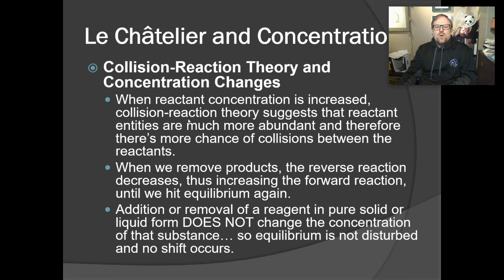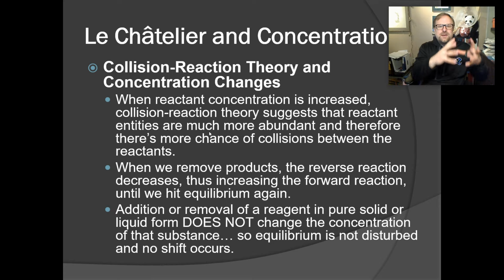Okay, so I think this one's relatively easy to wrap your head around. If you, let's say, add more reactant, what's going to happen? Remember, collision reaction theory is all about: in order for a reaction to occur, the entities must collide with enough energy in the right orientation. If we add more reactant, it means we have more reactants bouncing around in our reaction container.